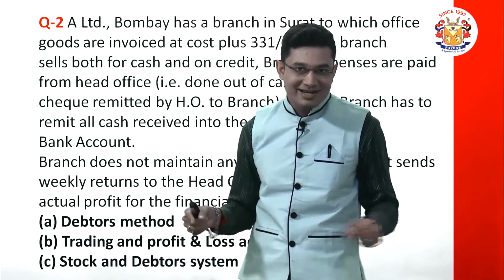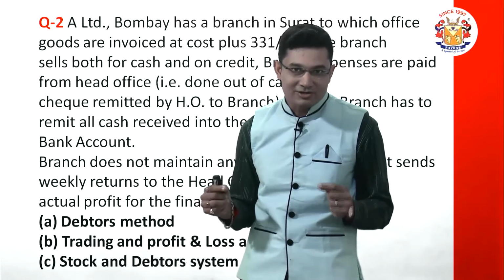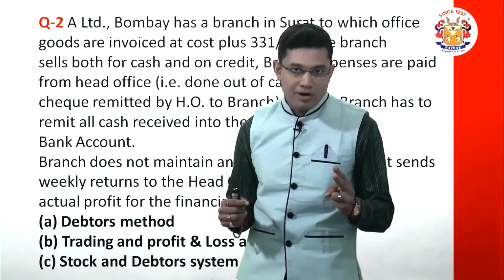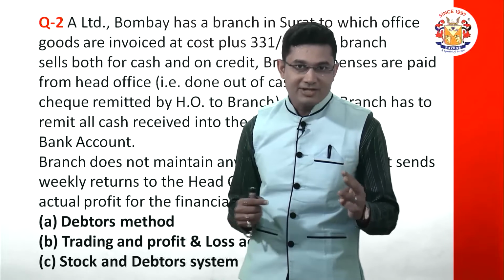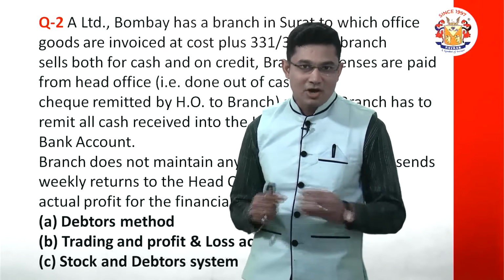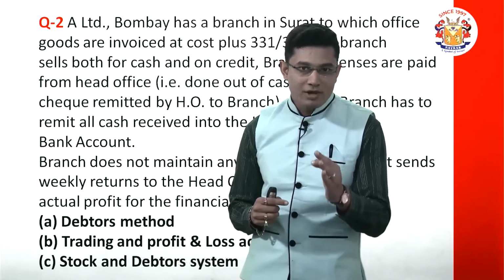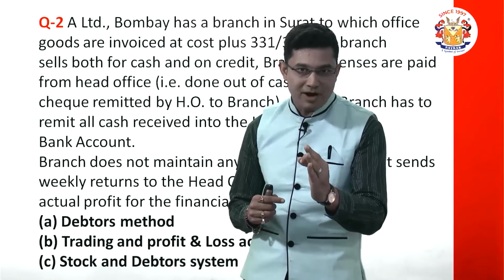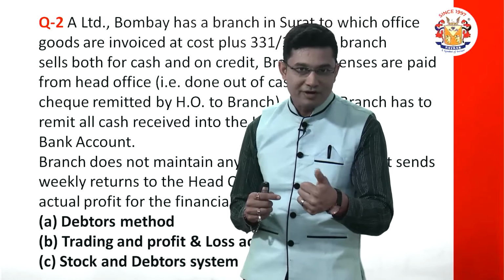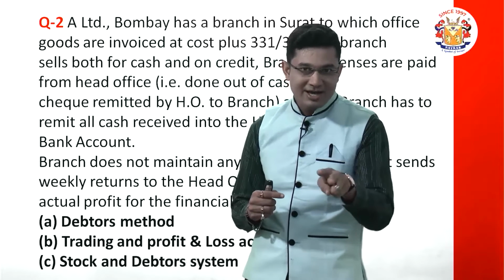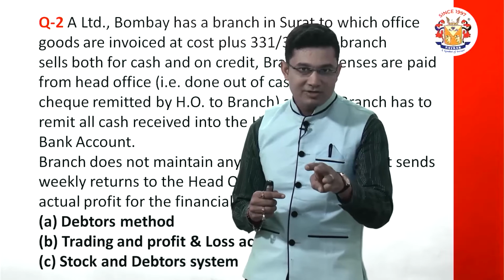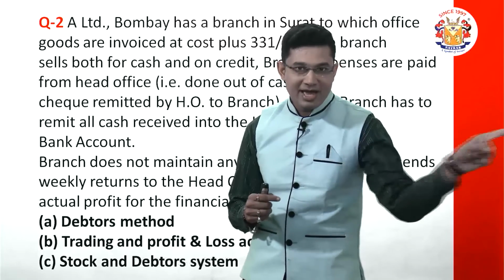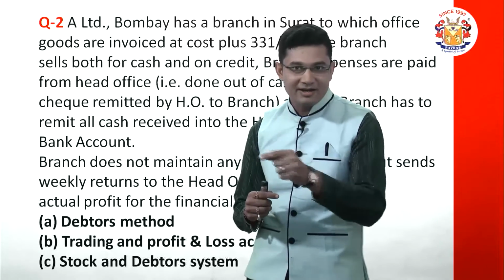So in stock and debtors method also, opening branch stock, goods sent to branch, goods returned by branch, closing branch stock, all four elements will be recorded at invoice price. I am repeating, at invoice price. And unrealized profit in opening branch stock, in goods sent to branch, in goods returned by branch, and in closing stock of branch will be eliminated. Let us check.